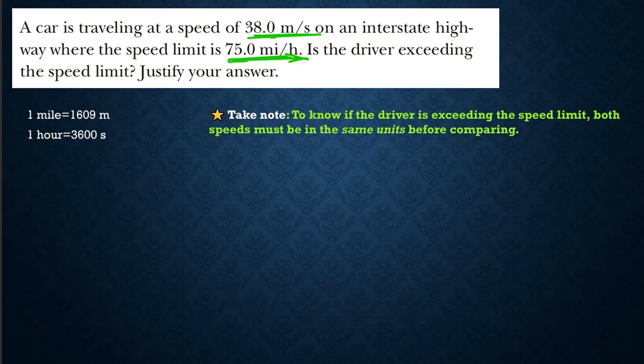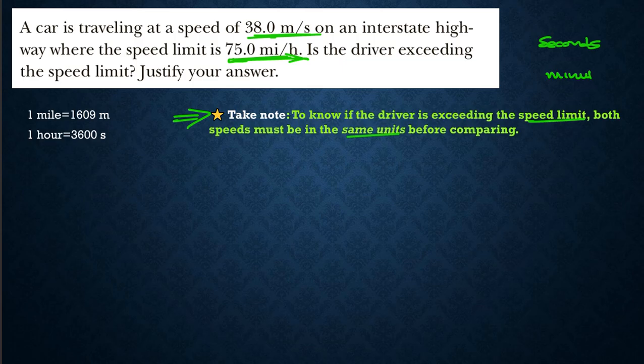What you need to understand here, like I shared in these notes, is that for us to know if this car was overspeeding, we need to have the driver's speed and the speed limit in the same units. We can't compare something which is in seconds with a time which is in minutes.